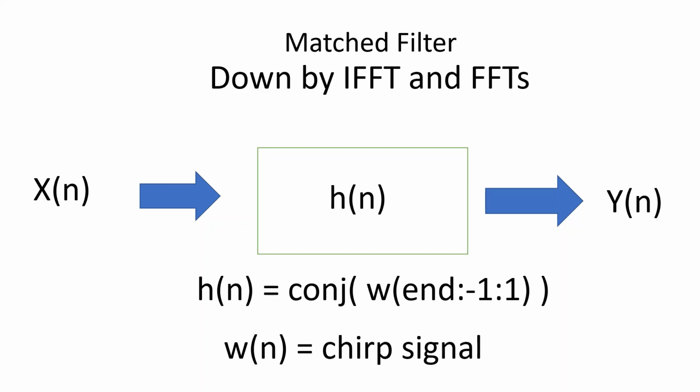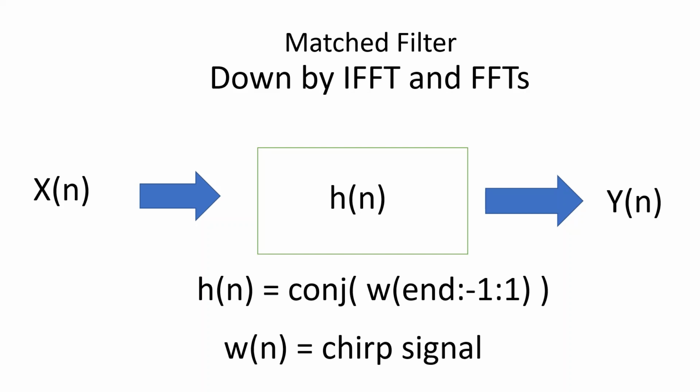The match filter, again, in this program, we're using the IFFT and FFT to do that. And again, a match filter is something that's going to detect a very particular waveform, in our case, a chirp waveform. So you can use an FIR filter or convolution with an impulse response equal to h of n equals the conjugate of whatever the transmit signal is flipped in time.